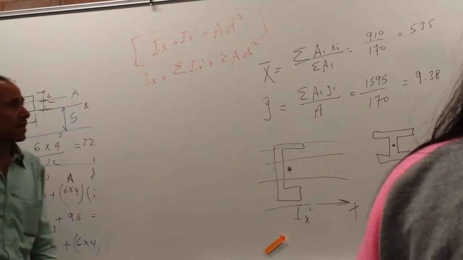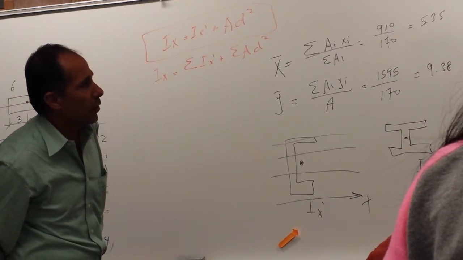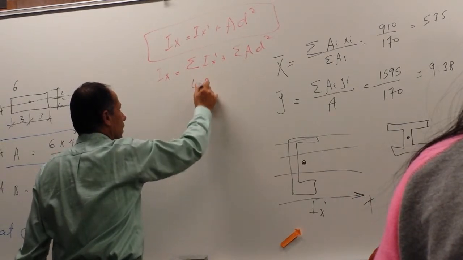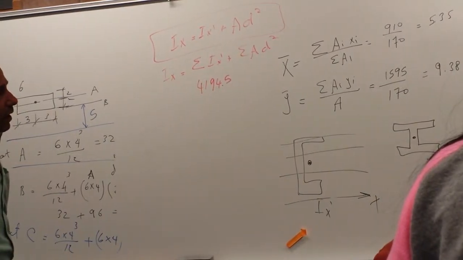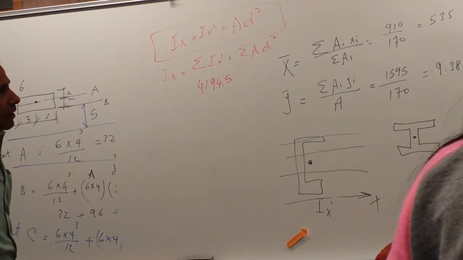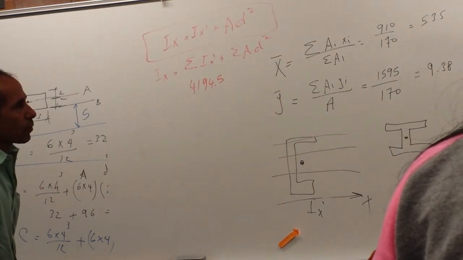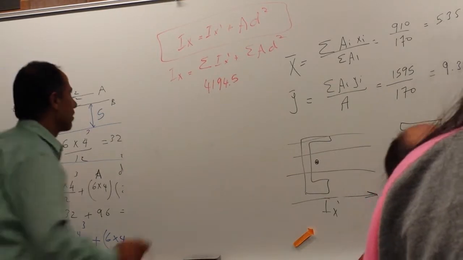Sum of Ix prime is 4194.5, correct? A d on y squared is going to be 5898.